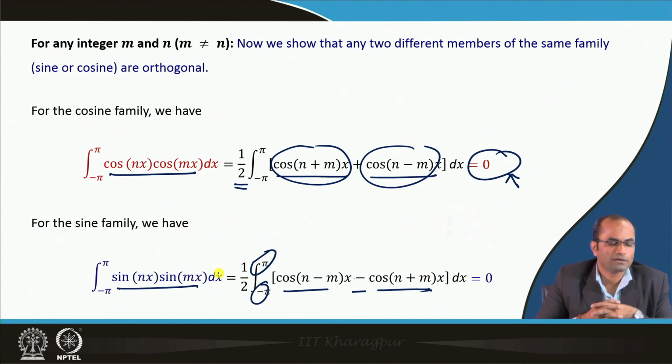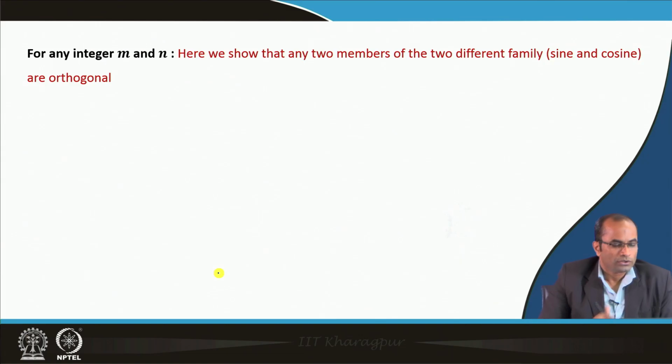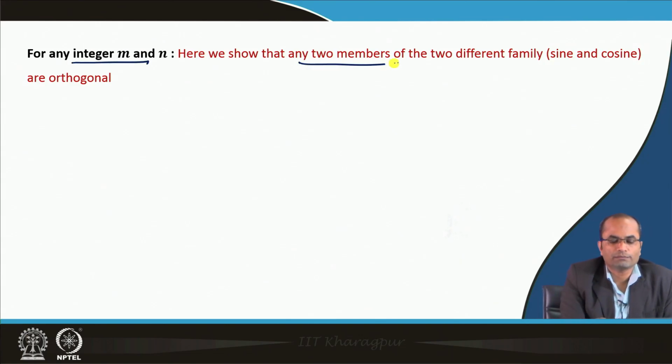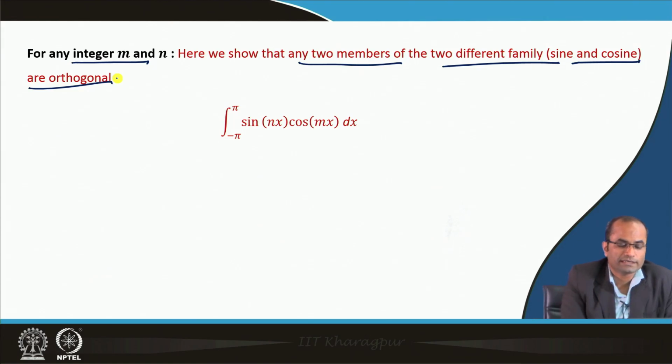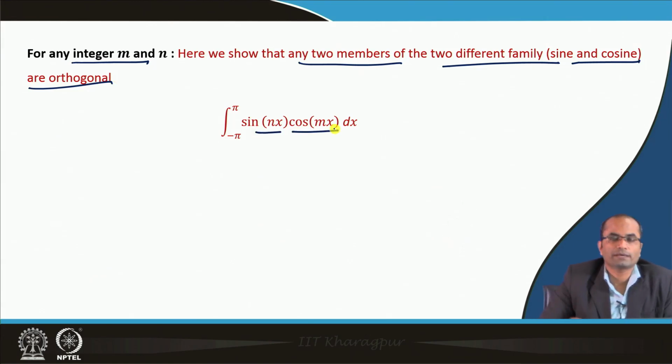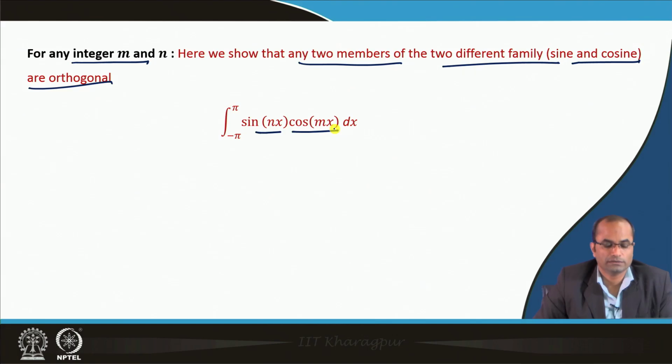So, what is left now is, for any m and n, if we take one member from the sine family and the other member from the cosine family, then what will happen? For any integers m and n, we will show now that any two members of the two different families, meaning sine and cosine, are also orthogonal. So, we take sin nx and cos mx, two members from two different families, one from sine, another from cosine.